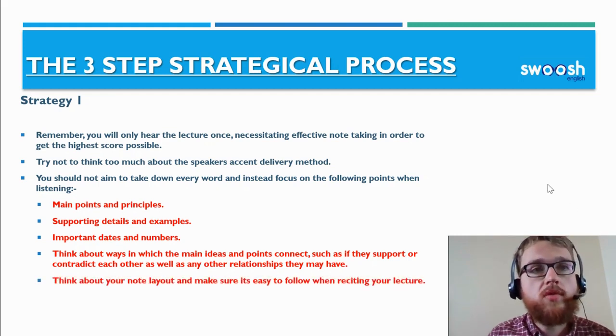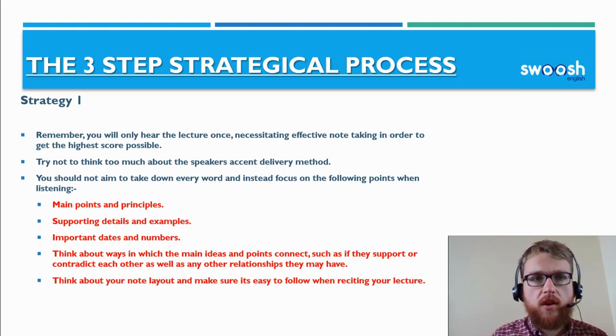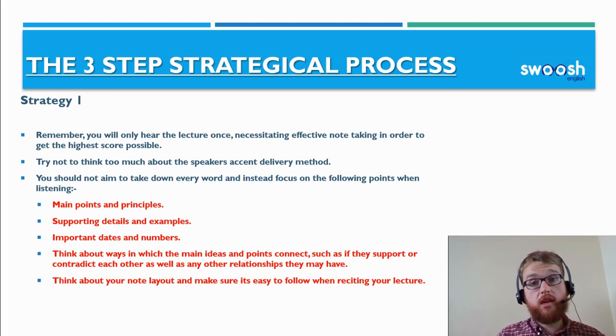Think about your note layout and make sure it's easy to follow when reciting your lecture. Everyone will probably have their own note-taking style, but the thing to accentuate here is that you should be taking down your notes in note form. You should contract them, shrink them, and make them as concise as possible.